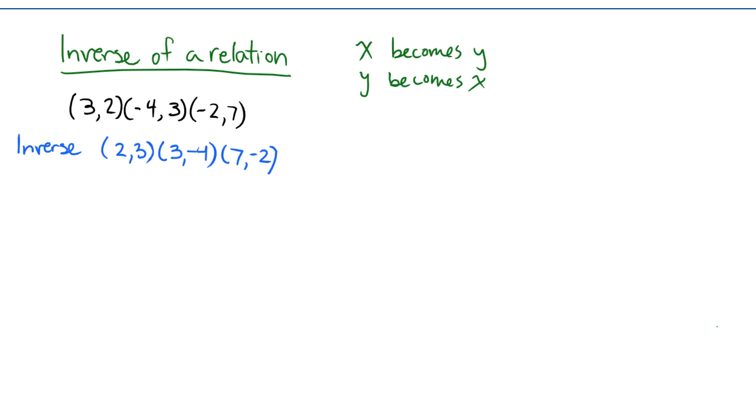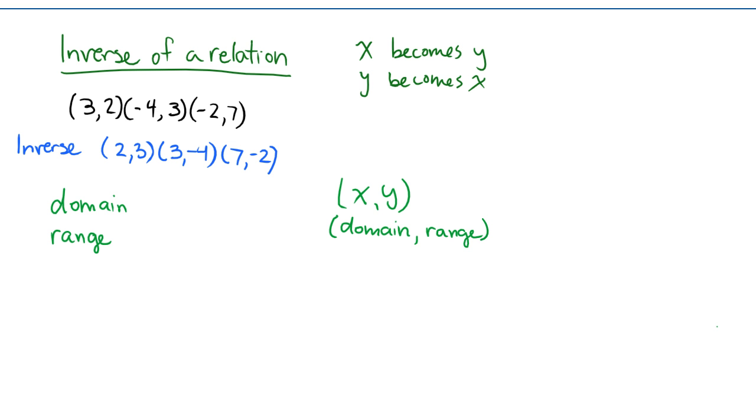The final thing I want to talk to you about today is domain and range. Now when we talk about our x, y coordinate, our domain is what we input, which is our x, and our range is what is output, which is our y. So it really is domain and then range.